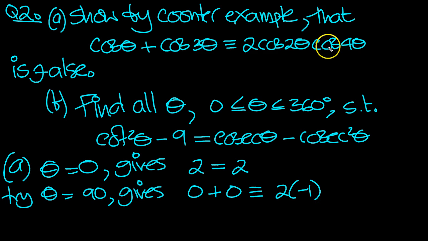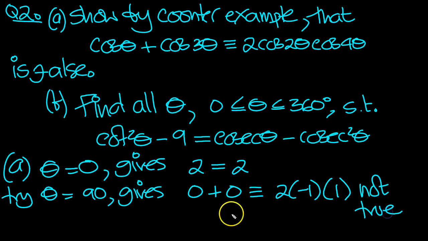And then cos of 360 is back round to cos 0, which is 1. So this is minus 2, which is not true. 0 is not equivalent to minus 2.